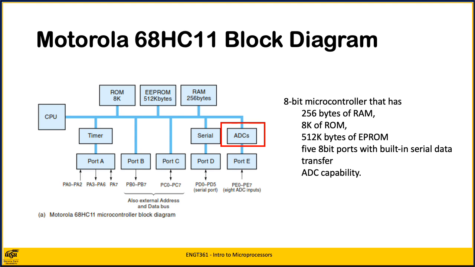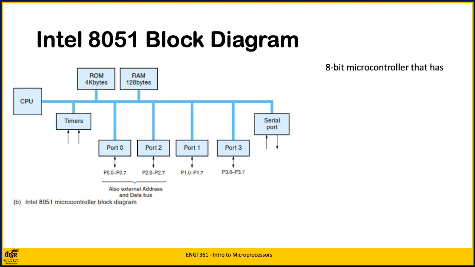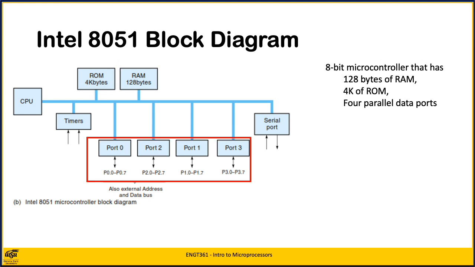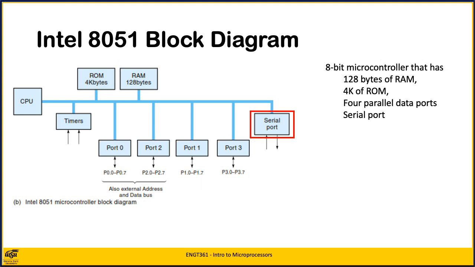This chip was introduced in 1984 by Motorola, but is now manufactured by NXP Semiconductors. Another popular microcontroller was the Intel 8051, which has 128 bytes of RAM and 4K bytes of ROM, 4 parallel data ports, and a serial port.